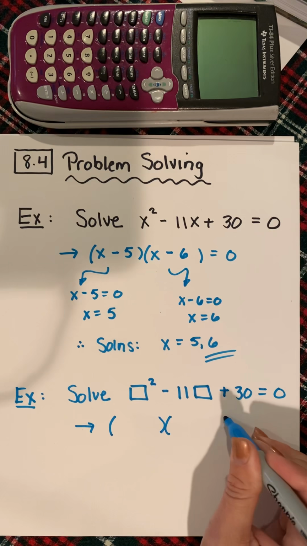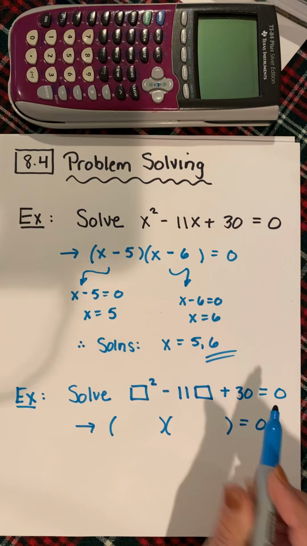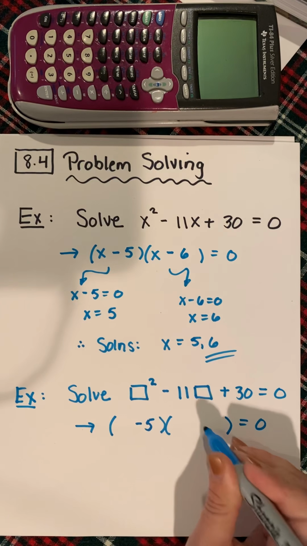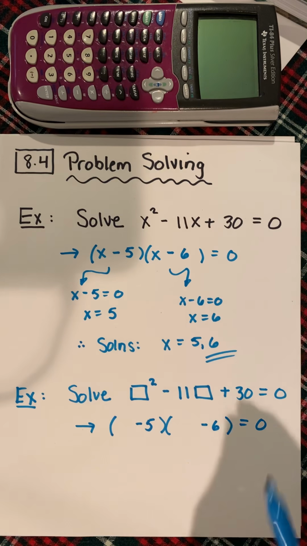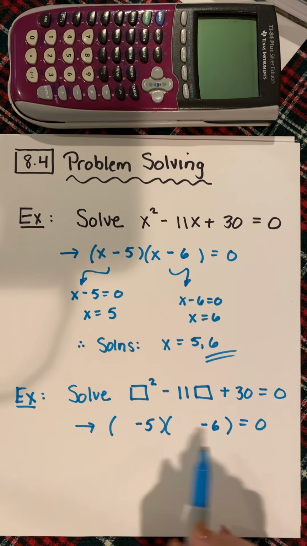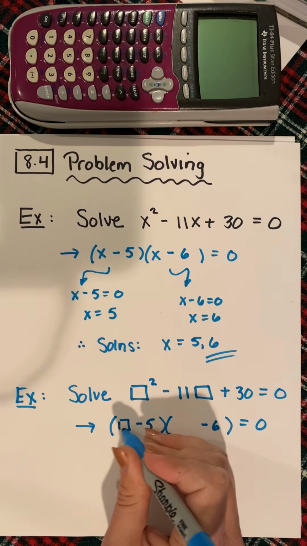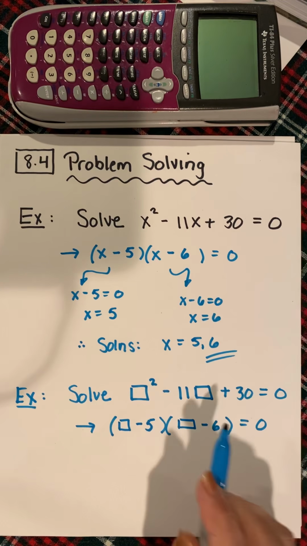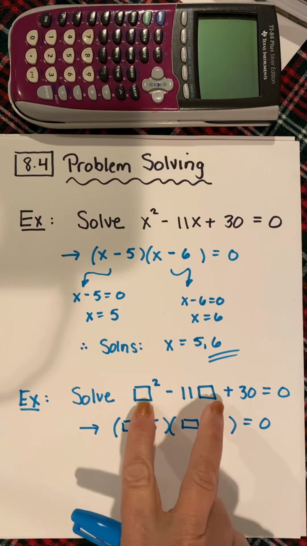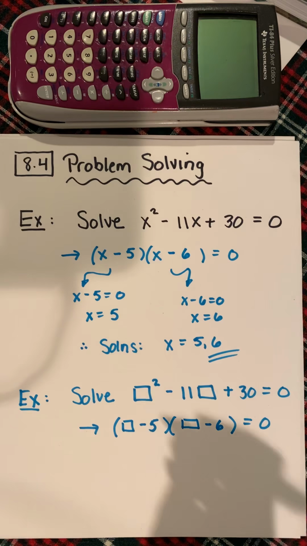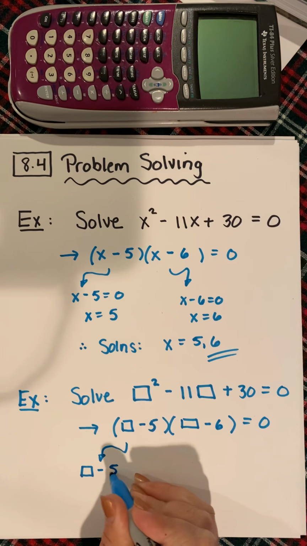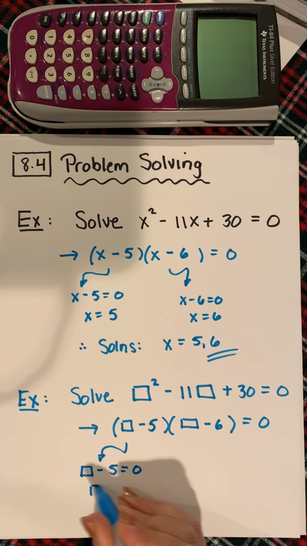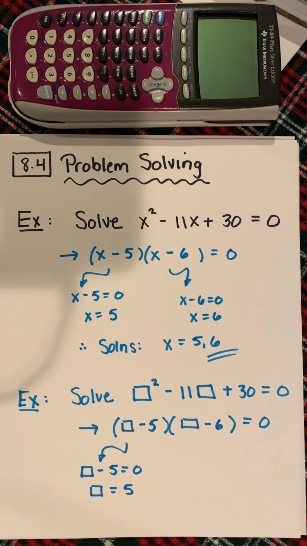I recognize negative 11 and 30 as the sum and product of negative 5 and negative 6. So we would just put whatever that entity is right there. Then this factor would tell me that whatever is here minus 5 must equal 0, so whatever this is must equal 5.